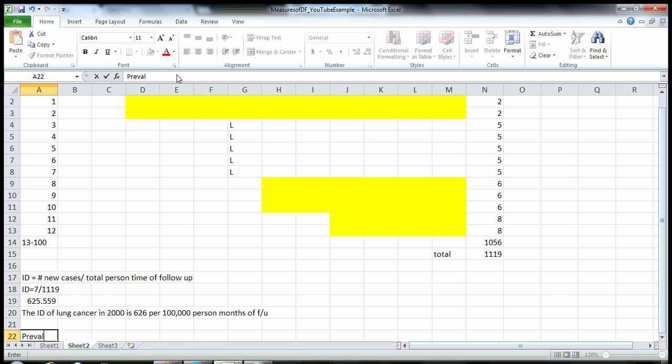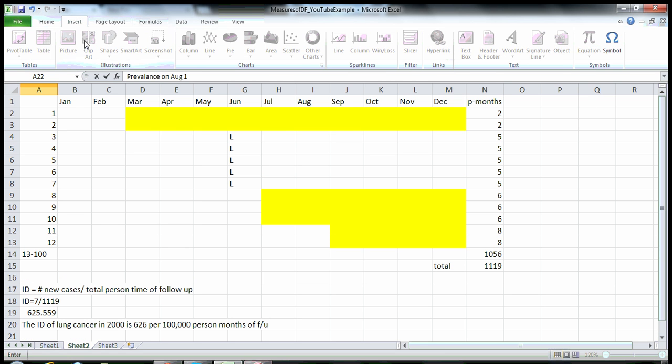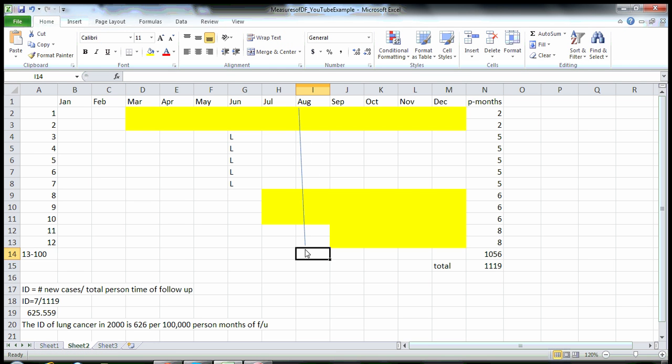So for prevalence on August 1, we want to go in and draw a line on August 1. So if you go under Insert and Shapes, we can just choose a line. Draw a nice little line right there on August 1.